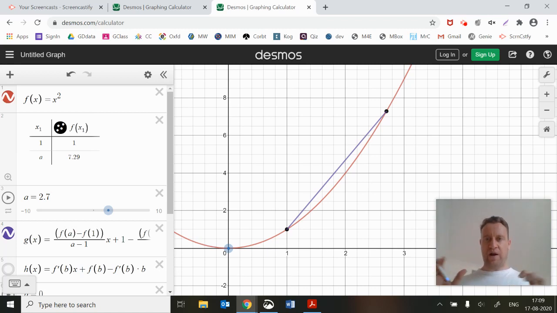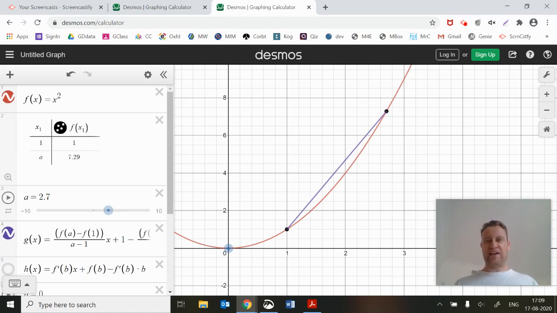Now, the theory behind differentiation by first principles is essentially to say, well, we can't work out the gradient at a particular point because gradient is change in y divided by change in x. And so at a particular point, we have no change in x if we use the same point twice.